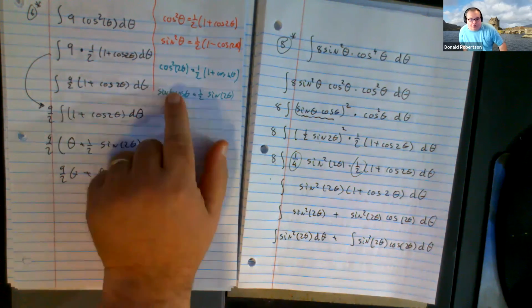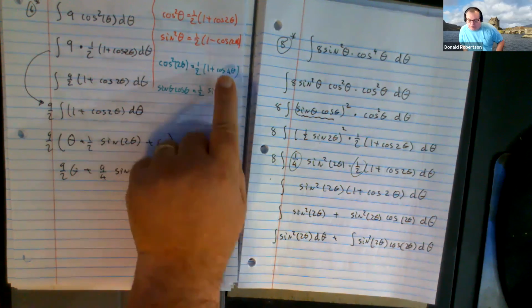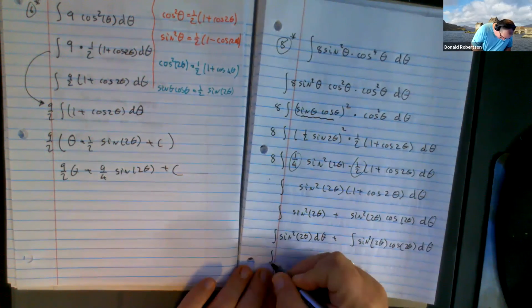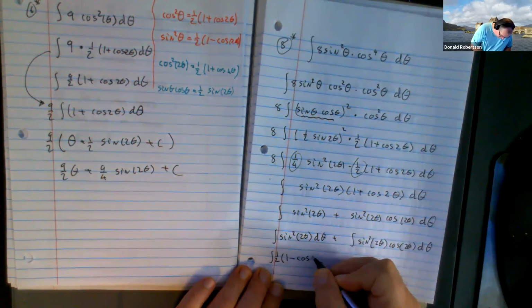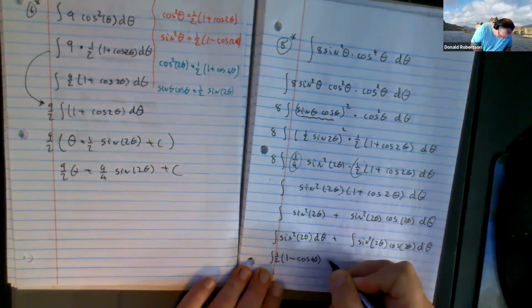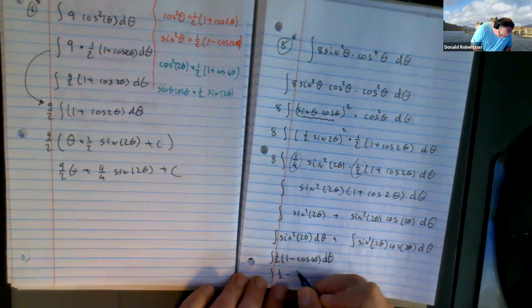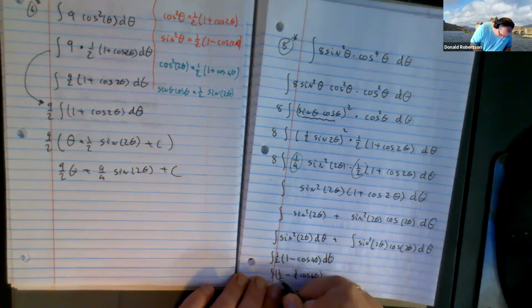Remember I did a cos squared 2 theta and I wrote it as this. I'm going to use the same strategy on the sine squared 2 theta. It can be written as 1/2 (1 minus the cosine of 4 theta). And then I can do 1/2 take away 1/2 the cosine of 4 theta, d theta.